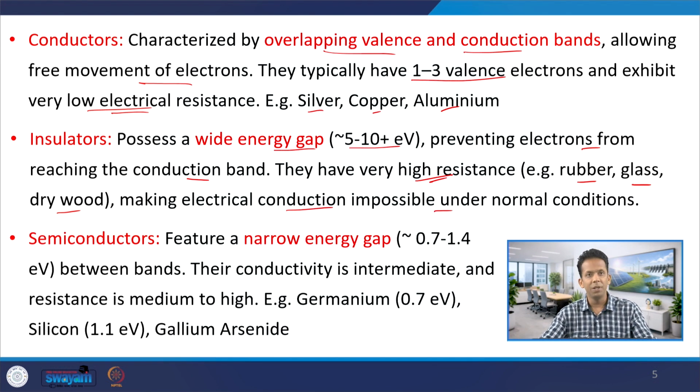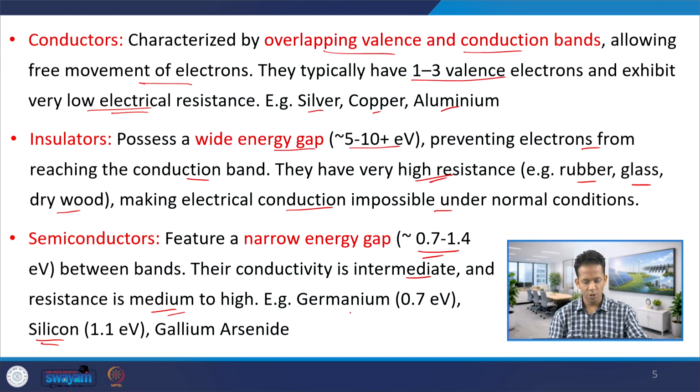The third type of material, semiconductors, have a narrow energy gap, ranging from 0.7 to 1.4 electron volts, and their conductivity is intermediate and resistance is medium to high. Examples of semiconductors: the world famous, most widely used in solar PV cells is silicon, because it is one of the most abundant elements in the earth's crust.